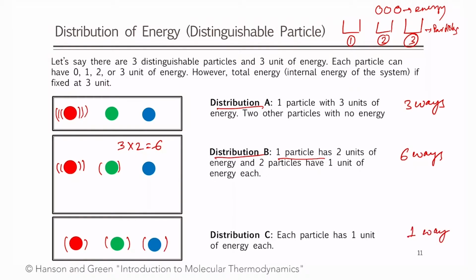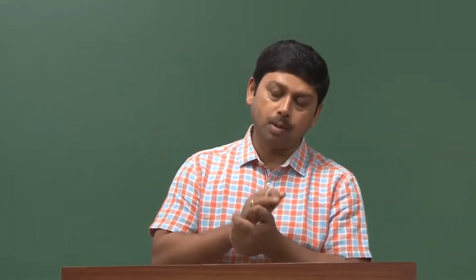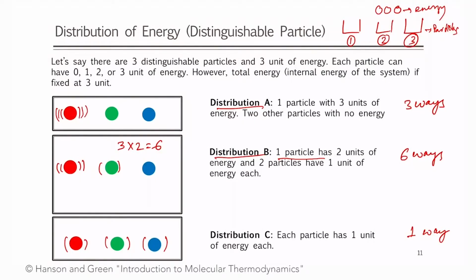So, you see I now have 3 possible distributions with the constraints that the total number of particles is 3 and the total energy is 3. I could get 3 distributions and a total of 10 possible ways. So, my W tot is 10. My probability of distribution A is W A by W tot, which is 3 by 10.